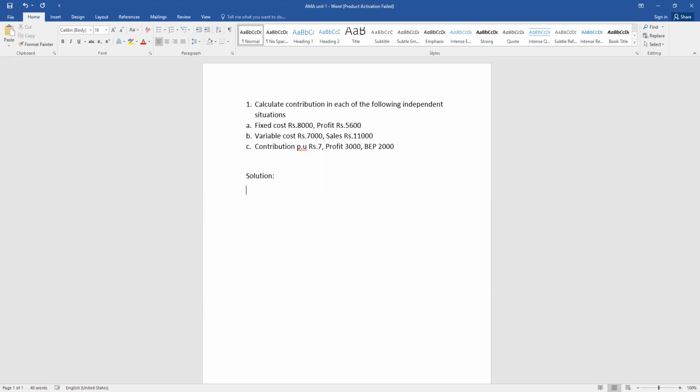So how do we use this marginal cost equation to find the missing value here? They have asked us to calculate contribution. So contribution is equal to sales minus variable cost. This is what we know. In the first situation, they have not given us sales, nor variable cost. So we have to derive another formula.